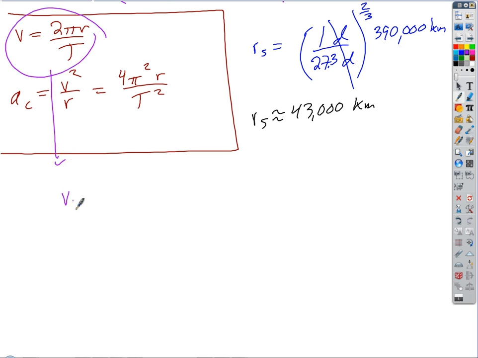So the speed of the satellite is going to equal 2 pi r, which is going to be, now we want to use units here that make sense, right? So let's say, how about kilometers per hour? Does that sound good? I want to see how fast this thing has to go. So r was already in kilometers.